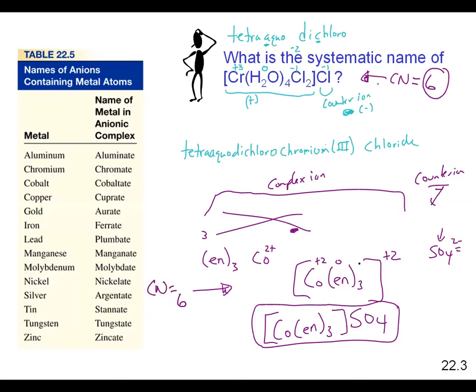Remember that en is bidentate, which means for every one of those, it will attach in 2 places, and that will give you a coordination number of 6. So again, as we were talking about earlier, it's not always going to be this number. Actually, both of these happen to have a coordination number of 6.